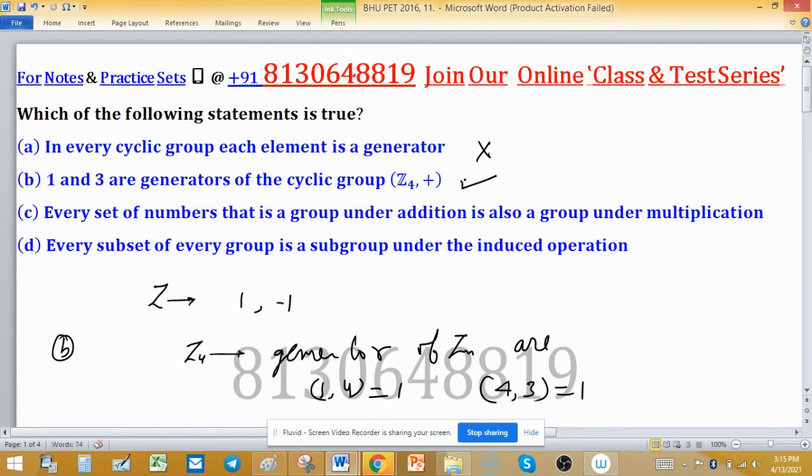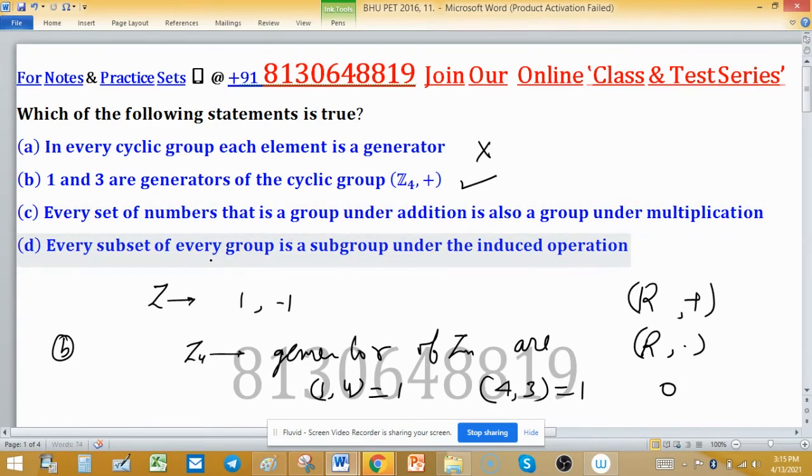Every set of numbers that is a group under addition is also a group under multiplication. You can consider R, which is a group under addition, but R under multiplication is not a group because the inverse of 0 doesn't exist.